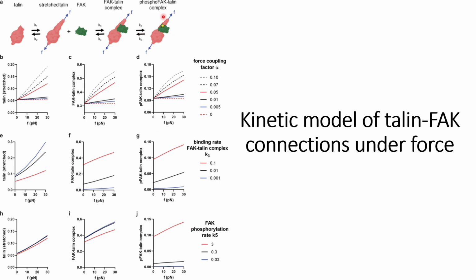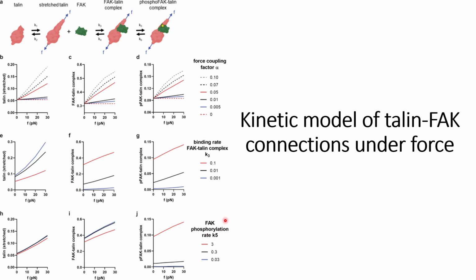Now they wanted to see the effect of K5. When they reduce K5, for talin they do not see too much impact with force, and for the complex formation they see an increase with force.